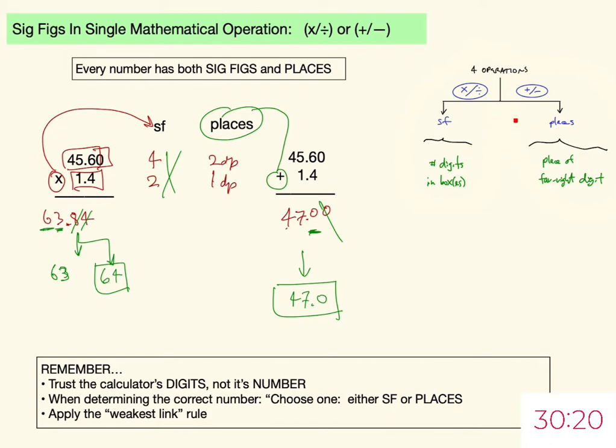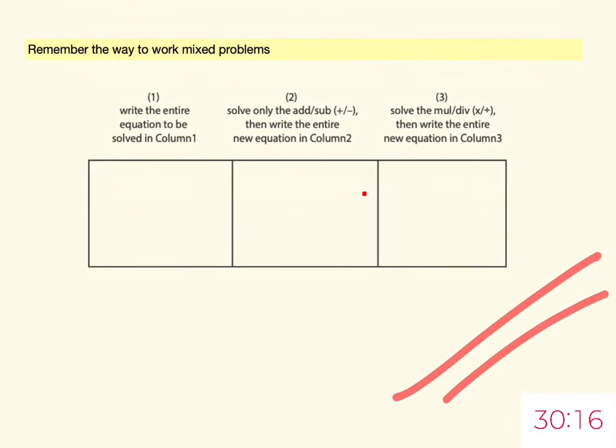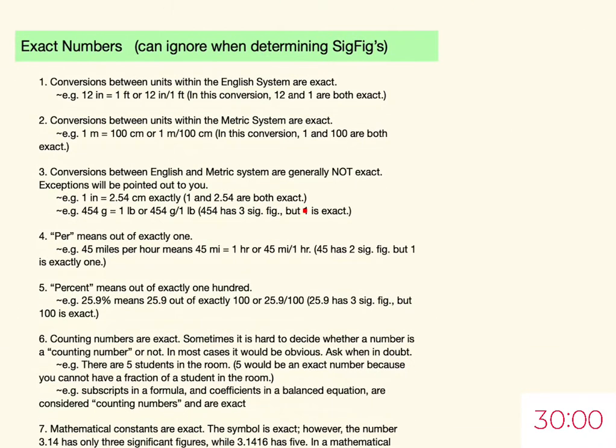Do not try to do a mixed operation in one single step. You have been warned. This is to kind of help you. I normally think about a mixed operation as being boxes, where in the first box I do the plus and minus, and the second box, and this reminds me to do it in discrete steps.